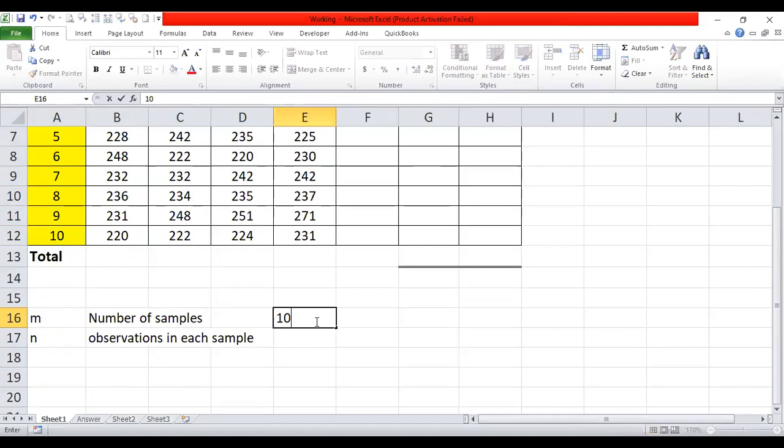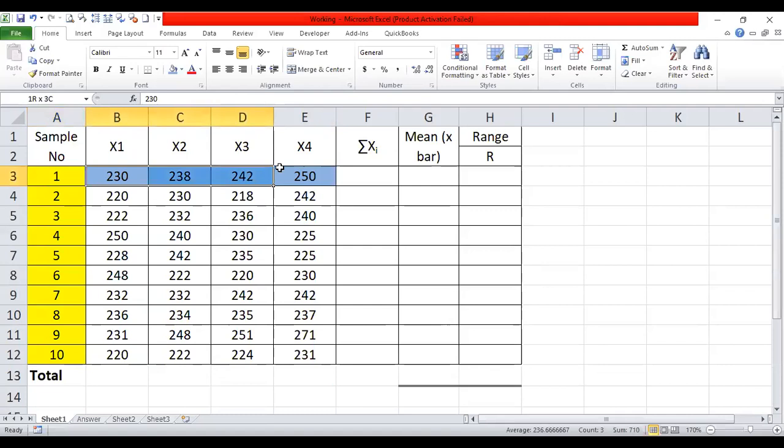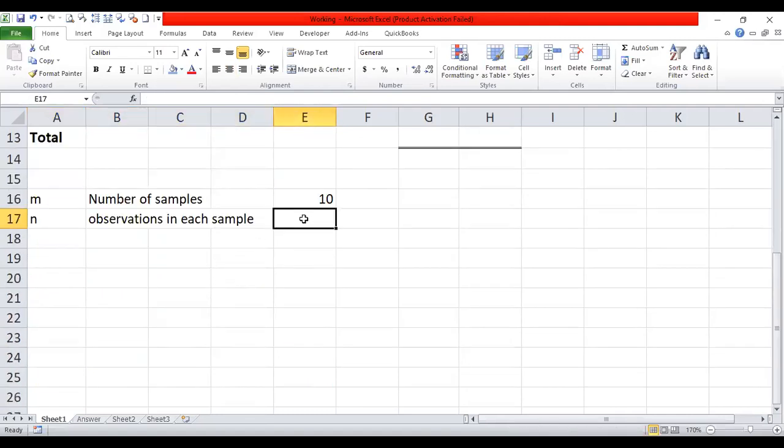So M is 10. And similarly, N is observations in each sample. So how many observations do we have? In each sample, we have 4 observations. Therefore, N is 4. So be careful with these numbers.